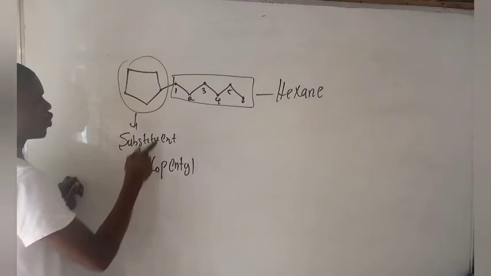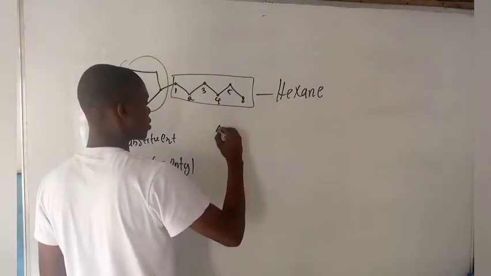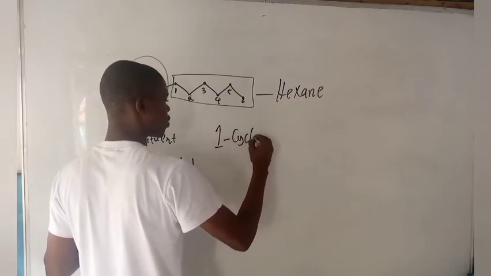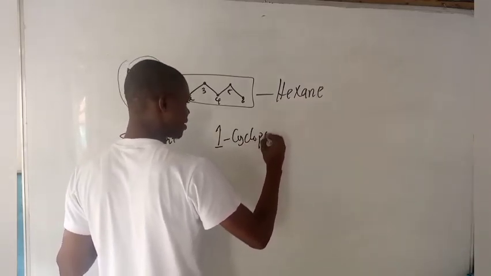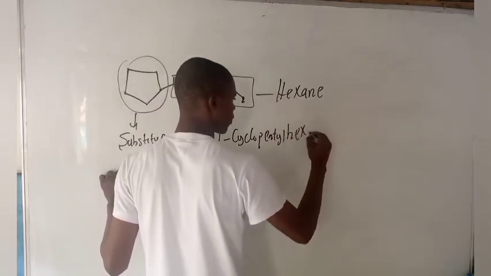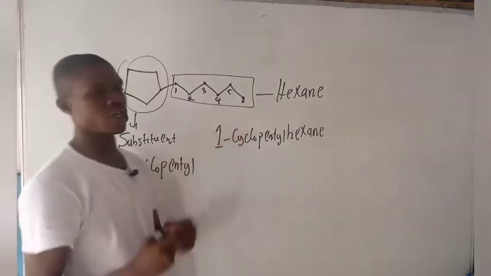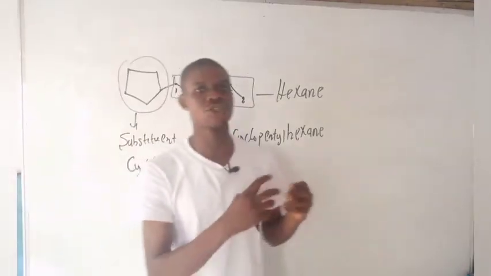You get, so it is attached to carbon 1. So then you go: 1-cyclopentylhexane. You get. So this is what you really want to take note of. Do you get that? Now let's move on.